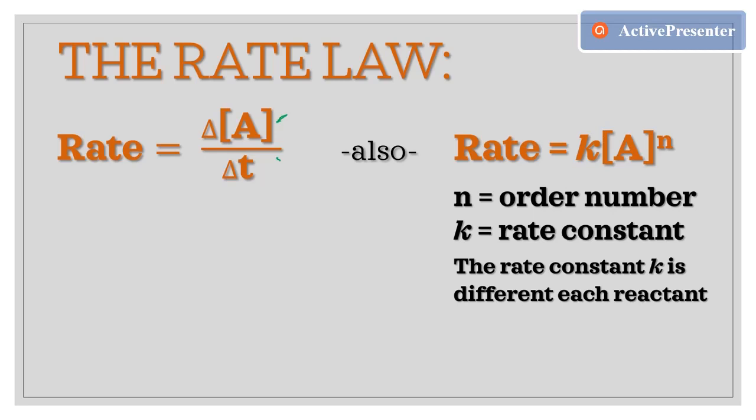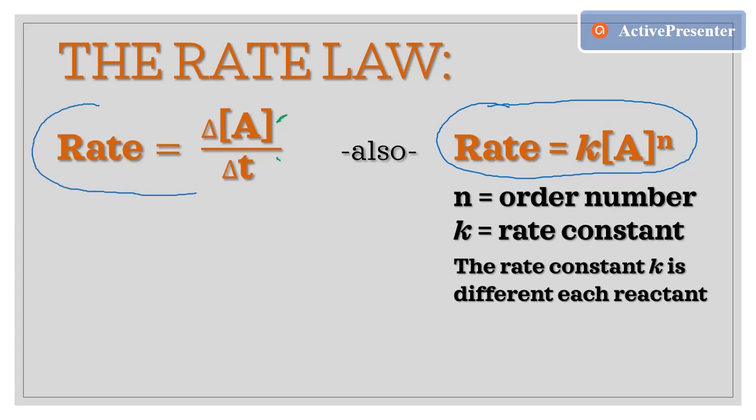Now, since we have this rate law, rate equals K times the concentration of A to the n power, but also just a general rate is always going to be the change in concentration over the change in time. We can do this fun math thing. So the rate is going to equal the rate. The rate's going to be the same thing.